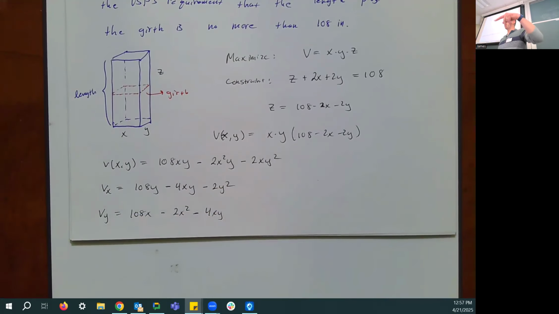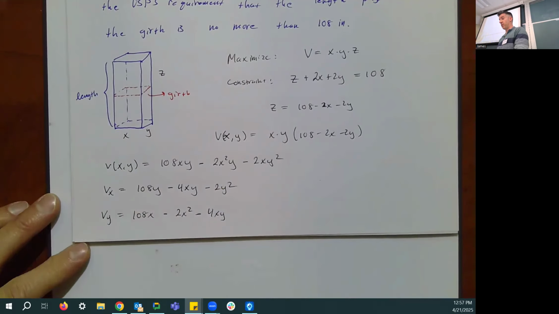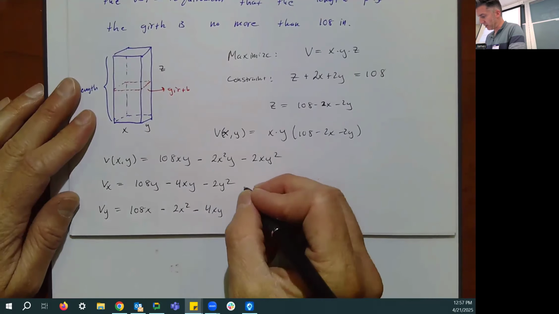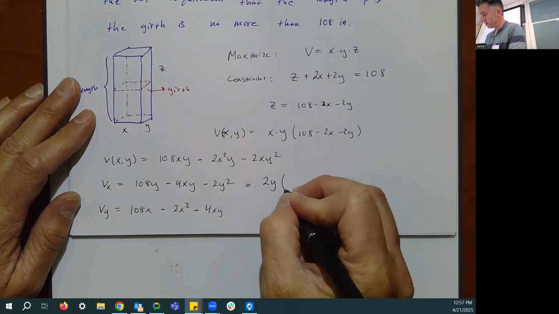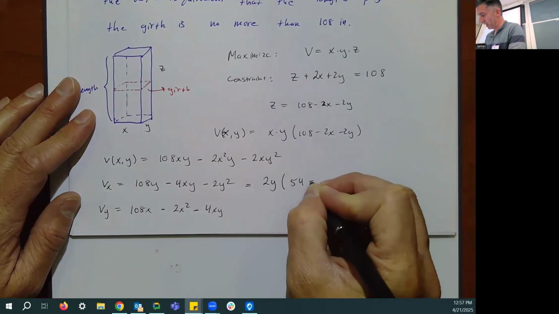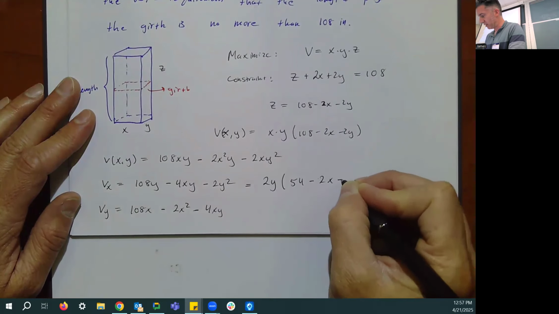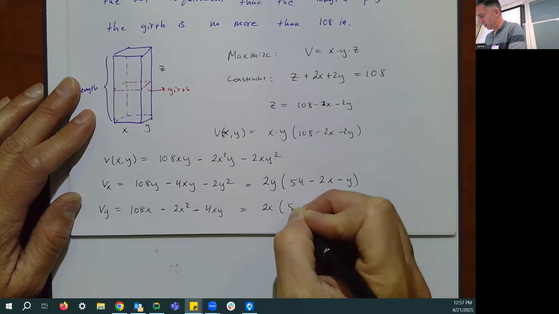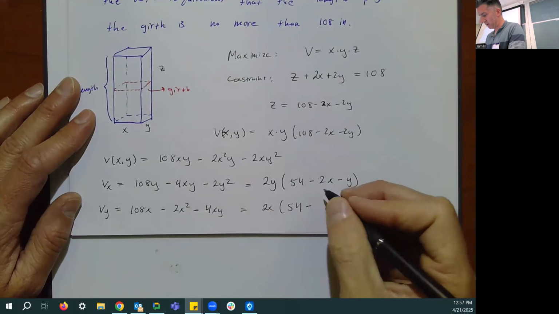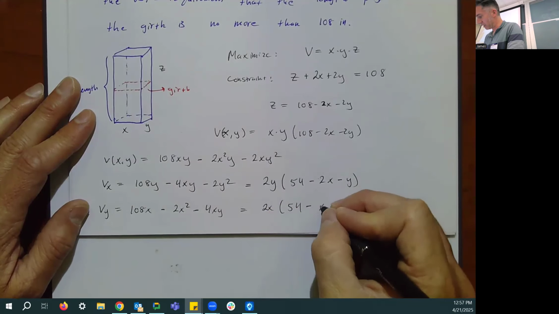And we see the same sort of thing we saw for the second problem we started out today, which is that each of these you can factor something out. So we can rewrite this one as 2y times (54 minus 2x minus y). And this one is 2x times (54 minus x minus 2y).